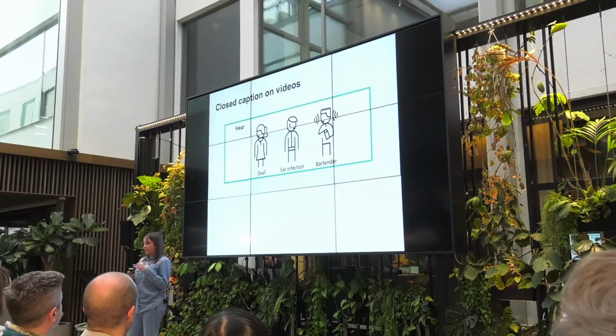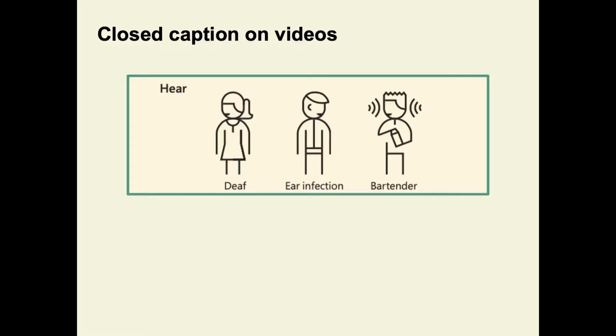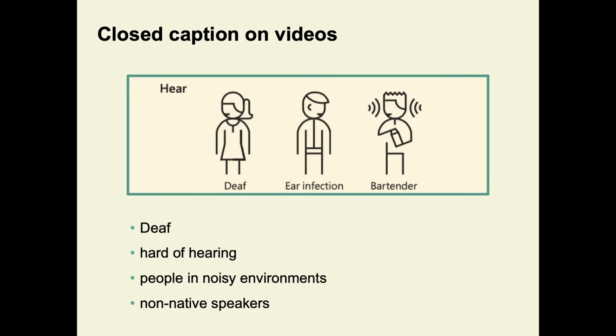So in this case, if we take the hearing, with closed captions on videos, deaf people will benefit, but also someone with an ear infection, which is temporary, or people hard of hearing, or people in noisy environments, like, for example, in this example, it was a bartender, but also people like me, non-native speakers that have English as an additional language. So again, you start solving an issue, but this extends to so many more segments.